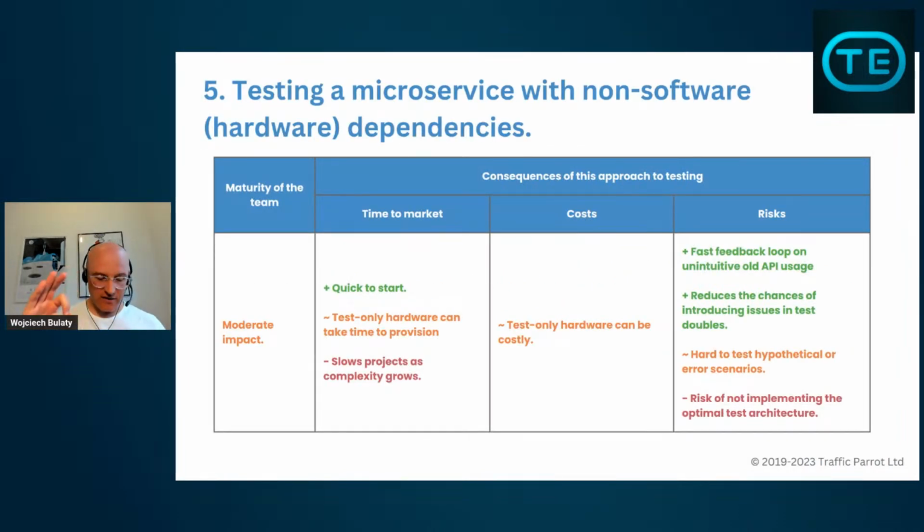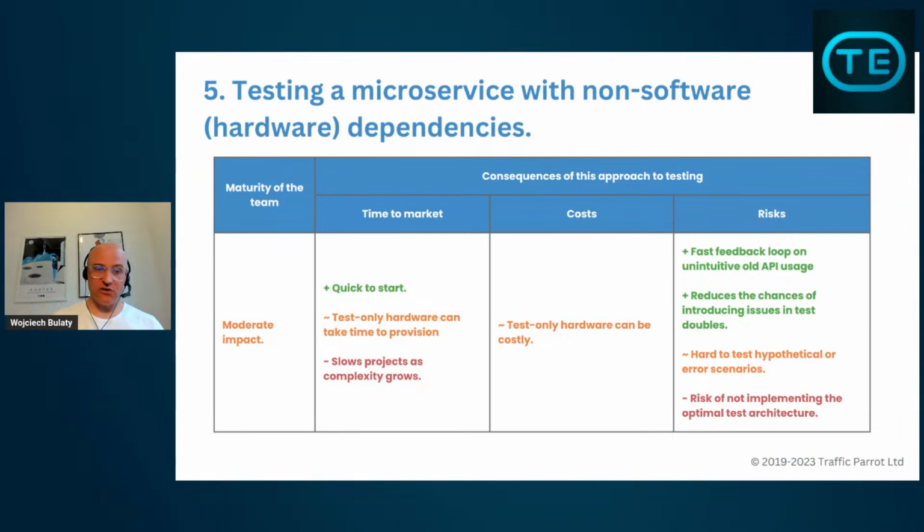So from my experience working with different clients, the big advantage of using this technique is that these hardware devices, typically when they're a bit older, and there's a lot of these old devices across different industries, have quite unintuitive services or APIs, and it's not clear how to use them.